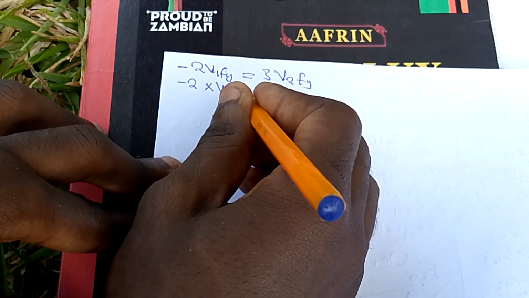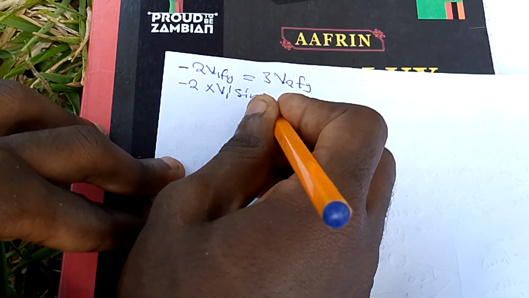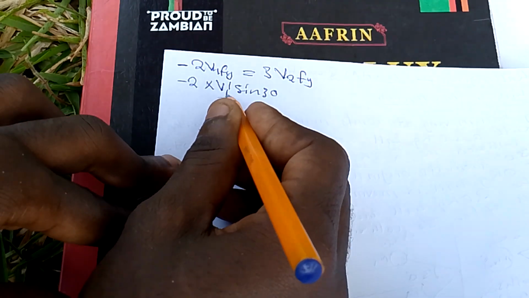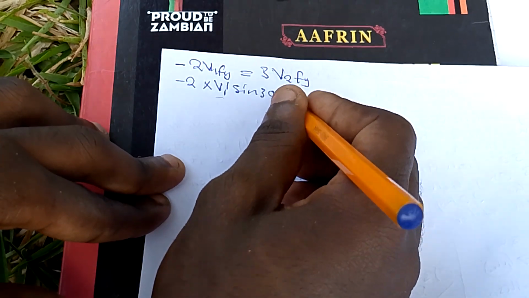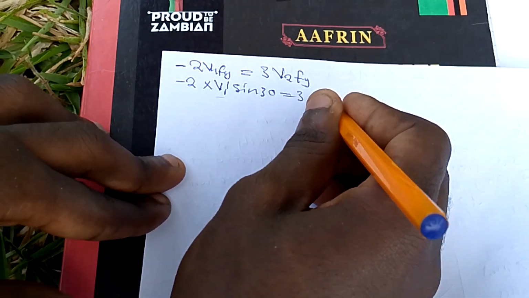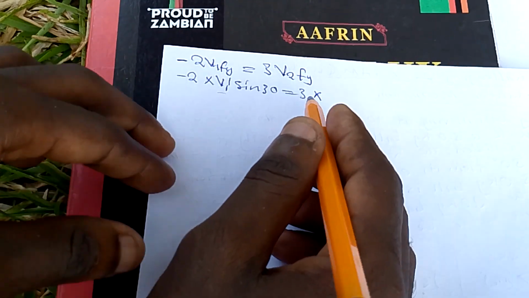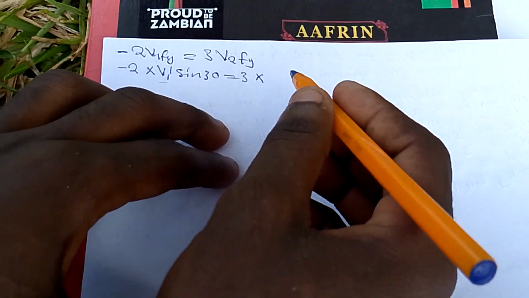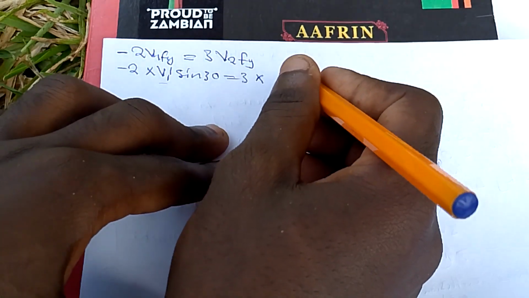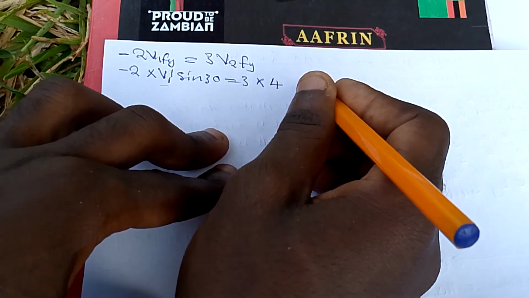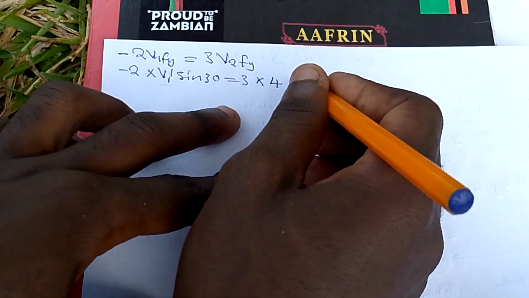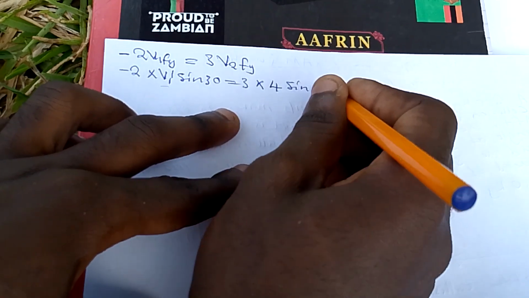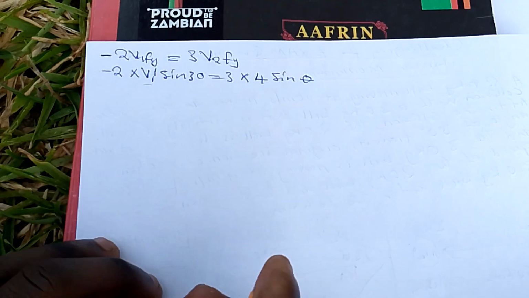Now in the y we have sine 30 for the first ball, remember V1 belongs to the 2 kg ball, equals to 3 times V2 final. V2 final, we are given it's 4 meters, so times 4. Then V2 final, we don't know the angle, sine theta.